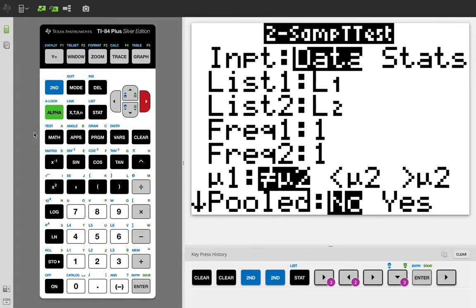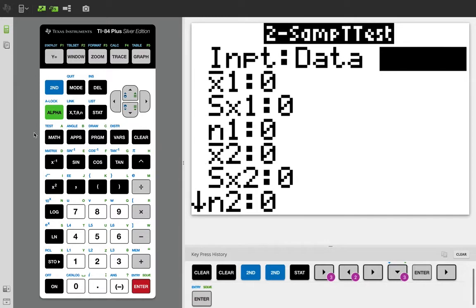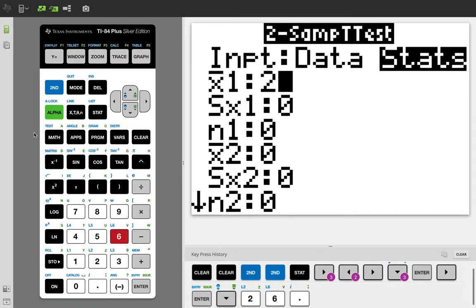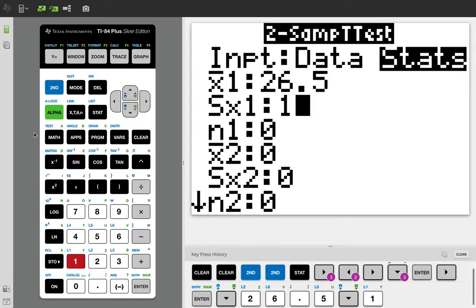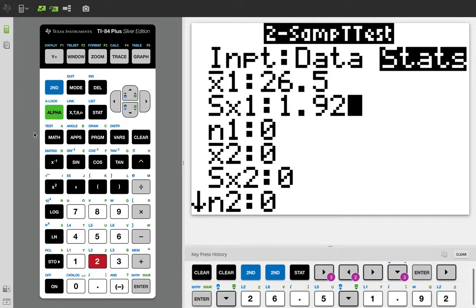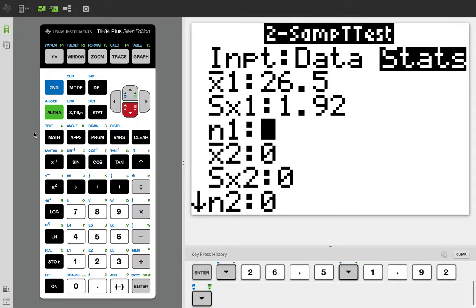In this case, they actually gave us statistics, right? So our first sample mean, I'm going to use this to be my helium data, just because that's what they gave us first, was a 26.5 centimeter decrease with a standard deviation of 1.92 centimeters. Sample size was 30.